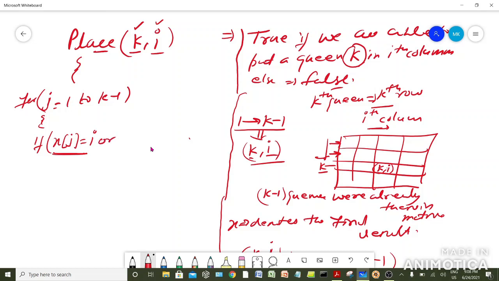What exactly do we want? We want to include the third implicit constraint. The third implicit constraint is that the absolute value of x of j minus i is equal to the absolute value of j minus k.